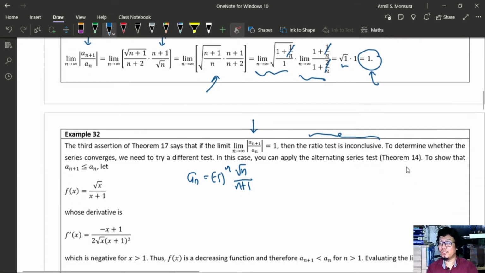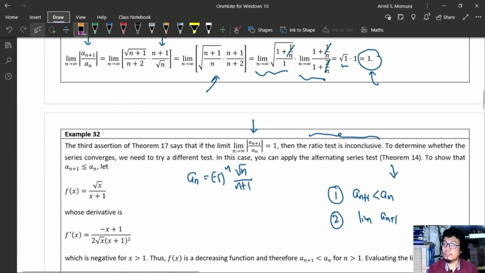we can use Theorem 14. Again, if you recall Theorem 14, you need two requirements. Number one, that the succeeding terms are less than the present terms. And number two, that the limit of the n term, not the n+1 term, is 0.